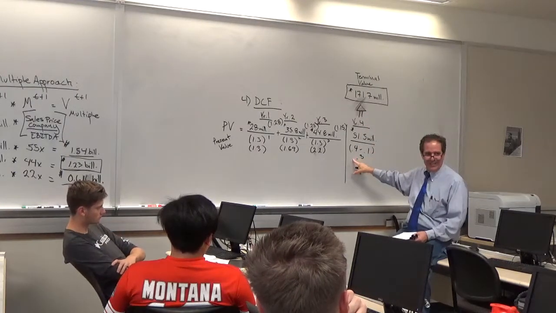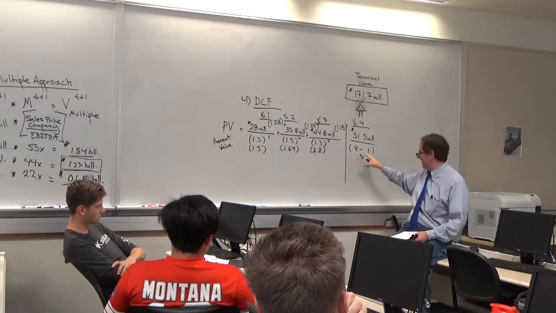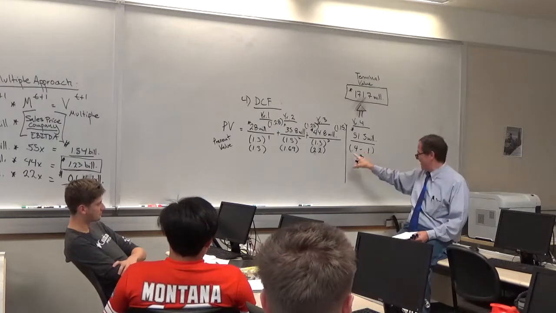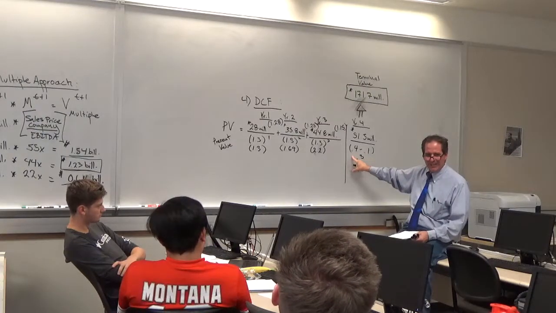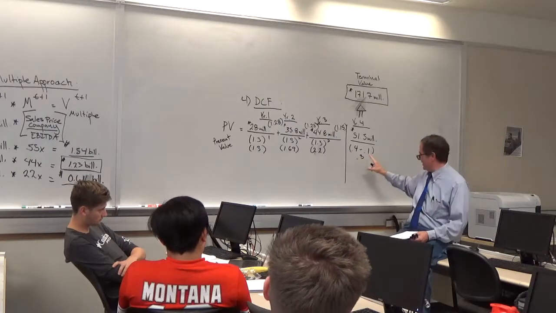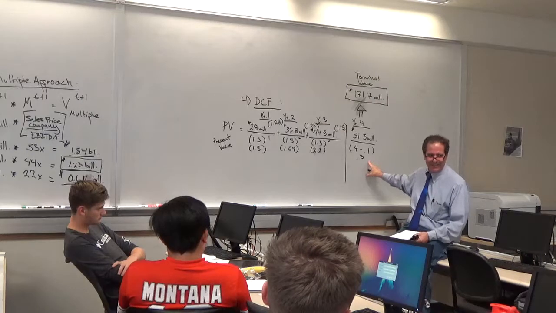If this goes down, the terminal value goes up. Wait, which variable are you pointing at? That's confusing. Okay. If this goes down, the terminal value goes down. If this goes up, the terminal value goes down. If this goes up, the terminal value goes up. If this goes down, the terminal value goes down.